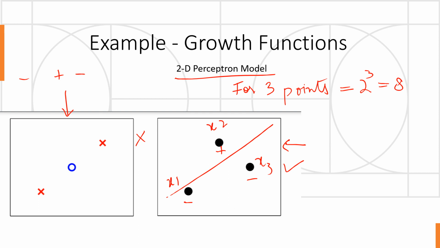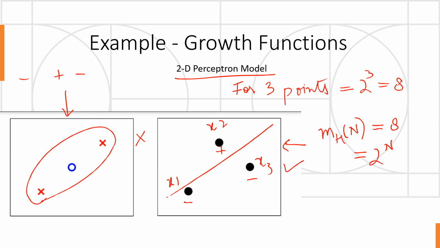So the complexity m sub h of n for a perceptron with 3 data points in general is 8, exactly 2 to the n. That hasn't solved the problem as much, but when my points were aligned like this, it wasn't implementing all 2 to the n possibilities. That's one point that I will be using going forward.